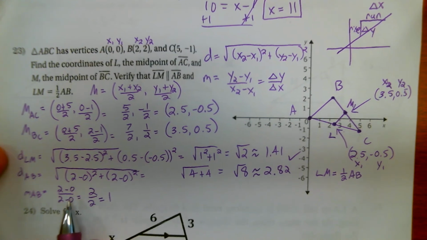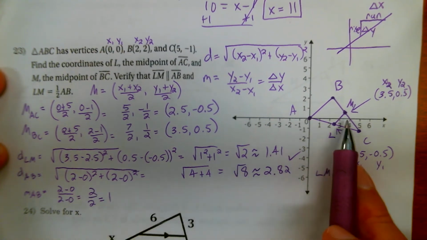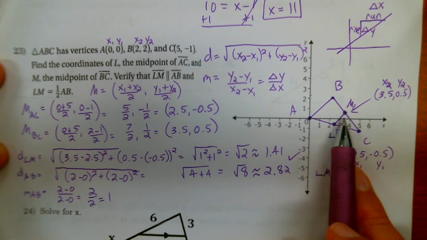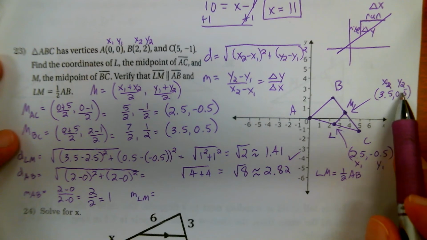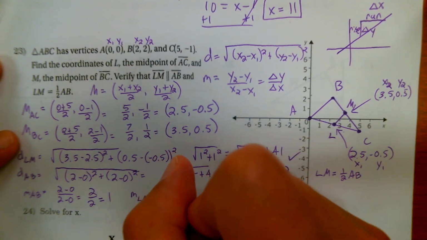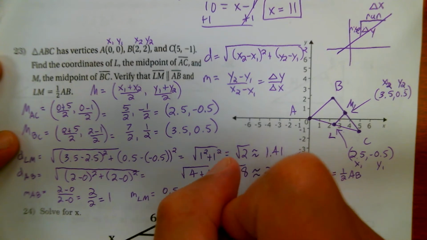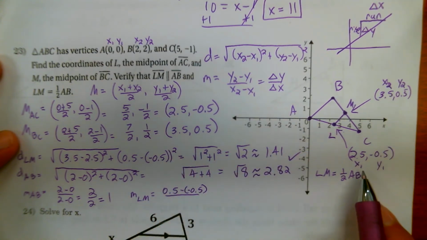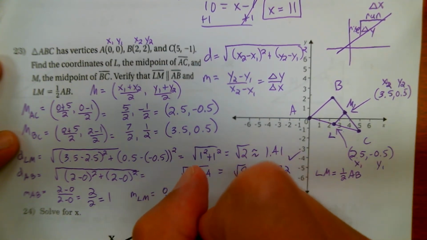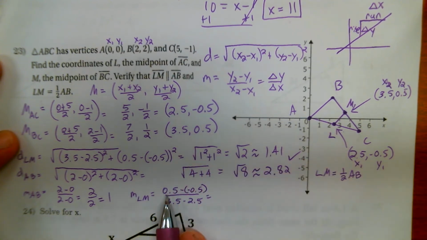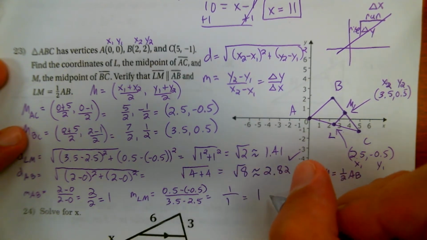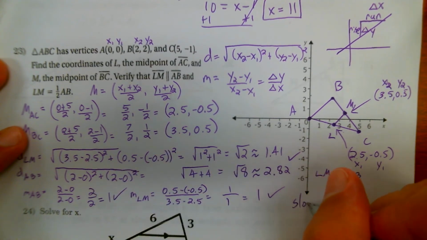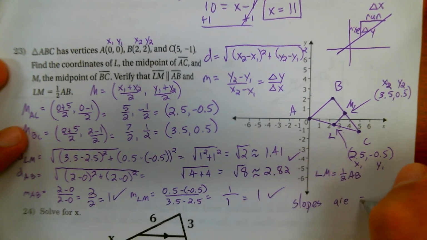All right, now let's find the slope of LM. That's going to be y2 minus y1, 0.5 minus a negative 0.5, over x2 minus x1, 3.5 minus 2.5. 0.5 minus a negative 0.5 is 0.5 plus 0.5, which is 1. 3.5 minus 2.5 is 1. 1 over 1 equals 1. Okay, the slopes are equal.